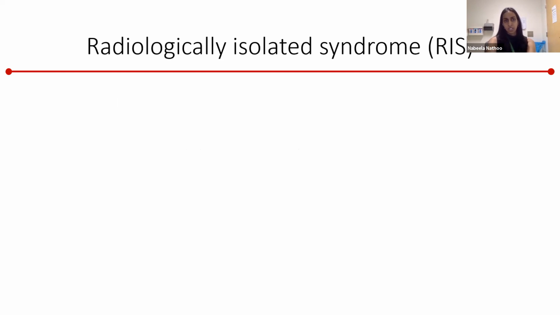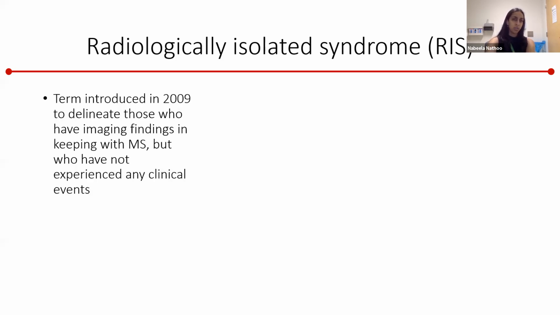And then I'll just touch on this entity of radiologically isolated syndrome. So I've said that you need to have a clinical event in order to get a diagnosis of MS. There are situations, though, where you'll have patients who come in with imaging findings in keeping with MS, but they haven't experienced any clinical events.